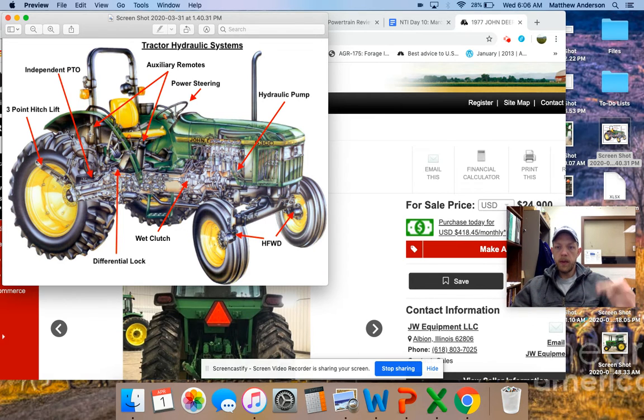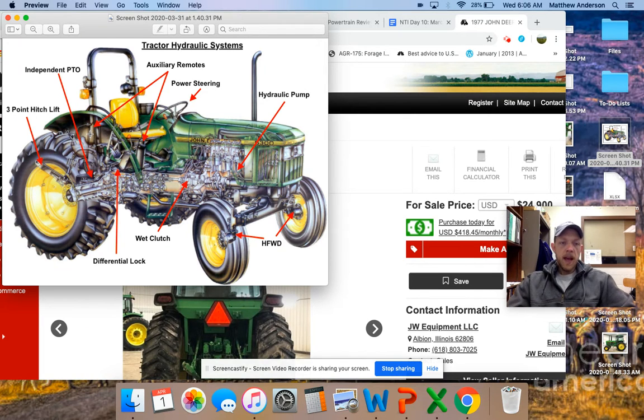Then both wheels will spin. Depending upon the tractor and the load, the wheel with the most load will be the one that actually has the gearing and is causing that tire to rotate.